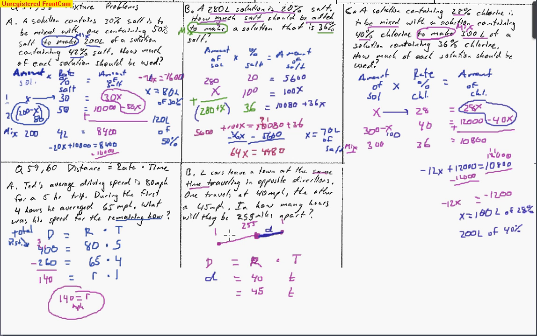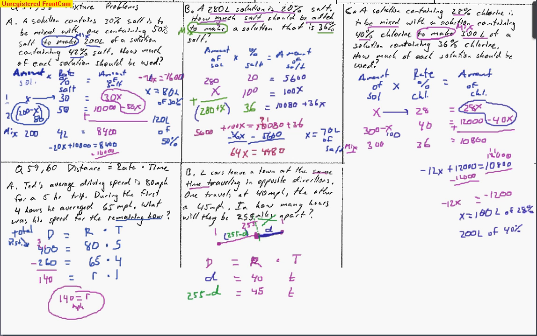Now, how would I write the expression to represent the other car's distance? Now note, if I draw this line right here, you're cutting this portion away from 255. So that kind of gives it away. So you're taking D away from 255. So the other expression has to be 255 minus D.